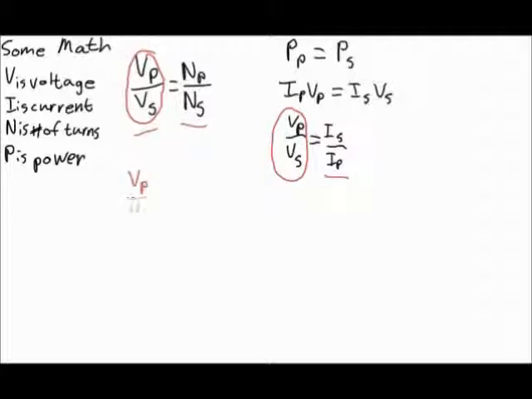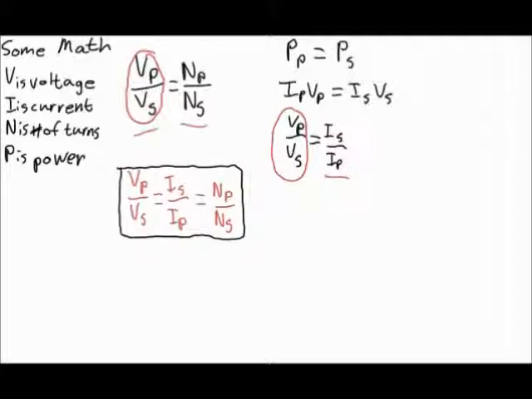This allows us to come up with one large equation which combines voltage, current, and the number of turns in a transformer. We can then break this equation up to look at just voltage and current, or just current and number of turns, or just voltage and number of turns, like we would a sine law question where we have 3 variables and 1 unknown.